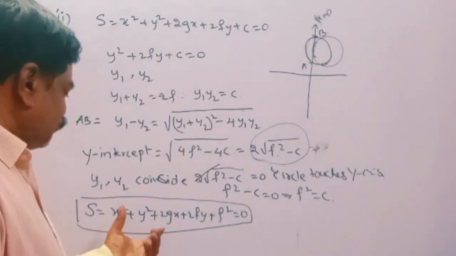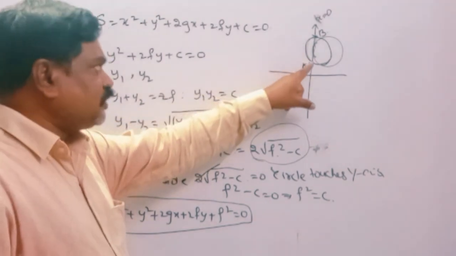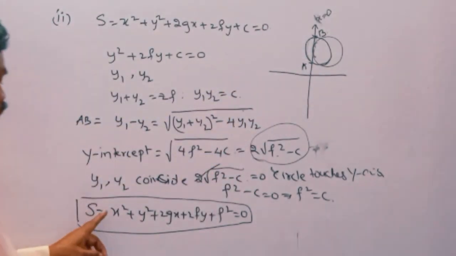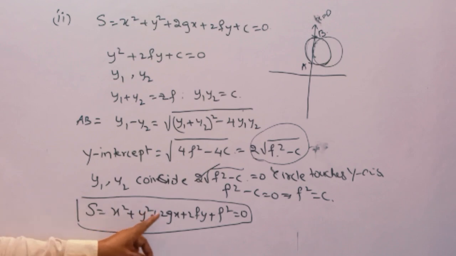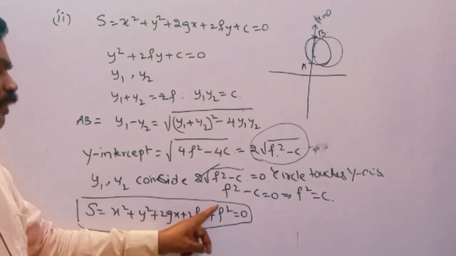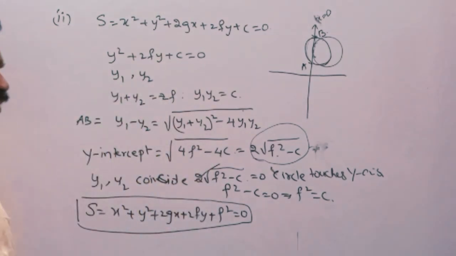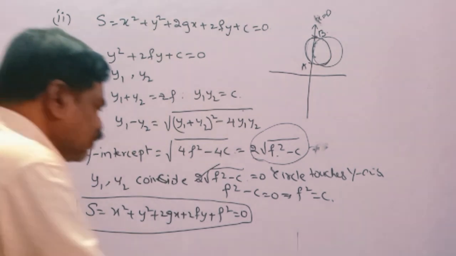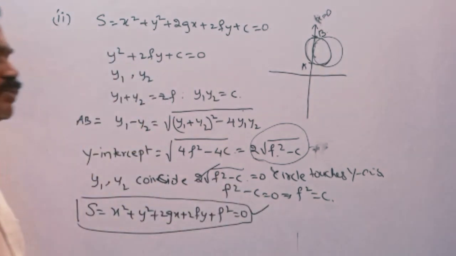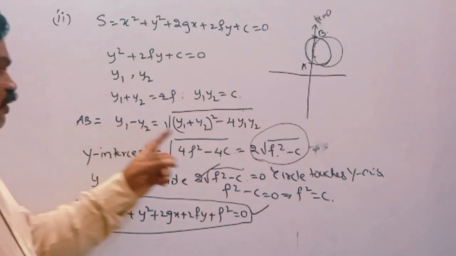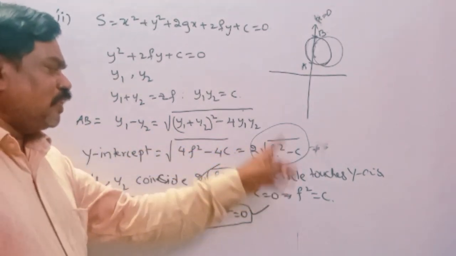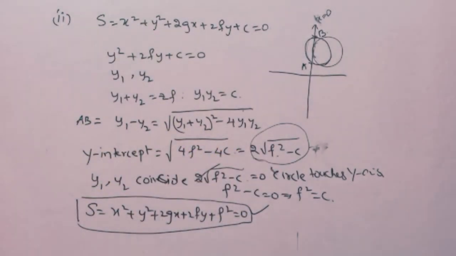And if the circle touches the y-axis, then the circle equation is x square plus y square plus 2gx plus 2fy plus f square equal to 0. When the circle touches the y-axis at one point, the circle equation is this one; when it cuts the y-axis, the y-intercept is 2 into root over f square minus c.